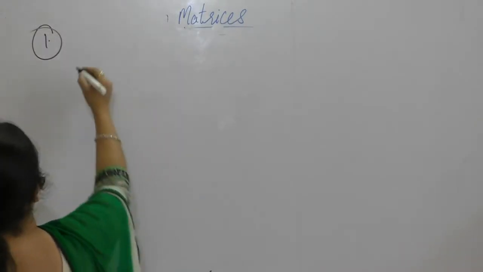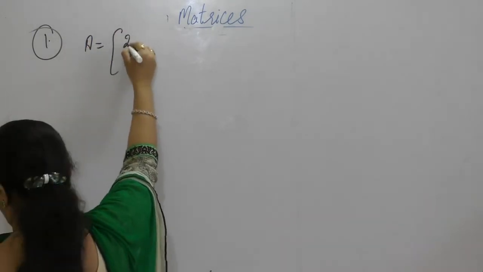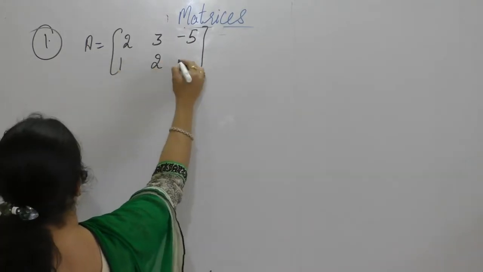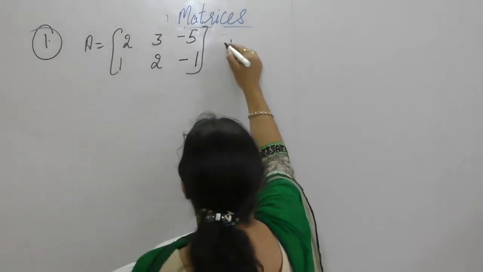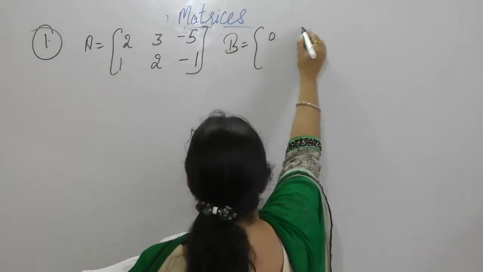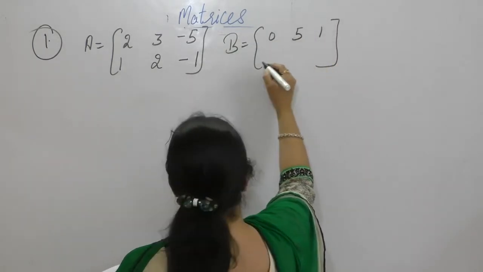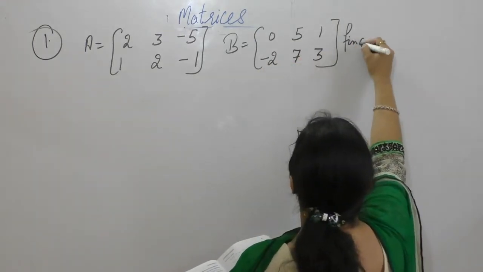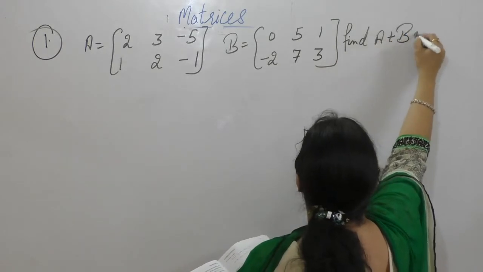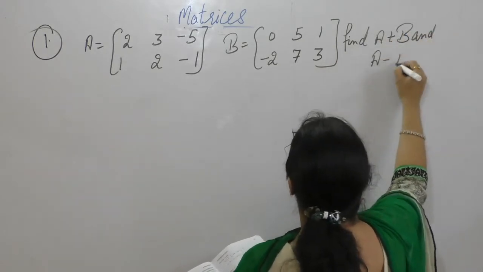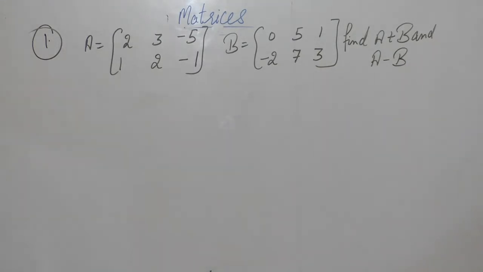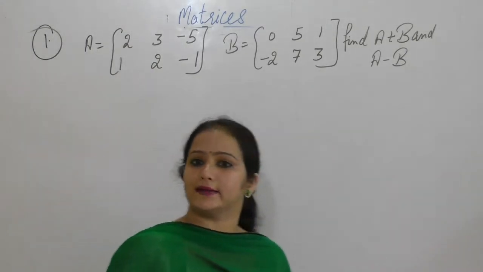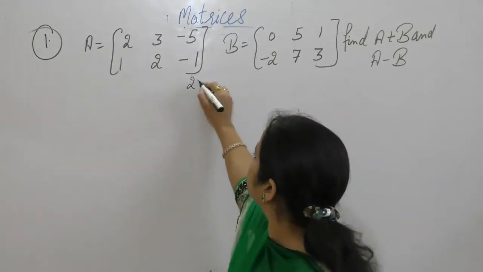If A is equal to [2, 3, -5; 1, 2, -1] and B is equal to [0, 5, 1; -2, 7, 3], find A plus B and A minus B. Now the order of matrix A: it has 2 rows and 3 columns, 2 into 3.